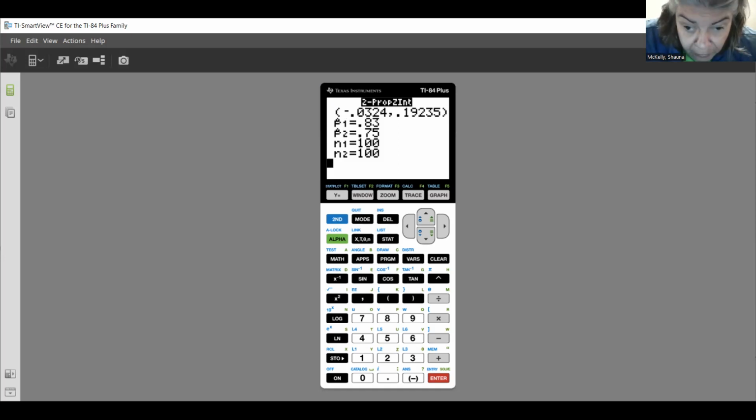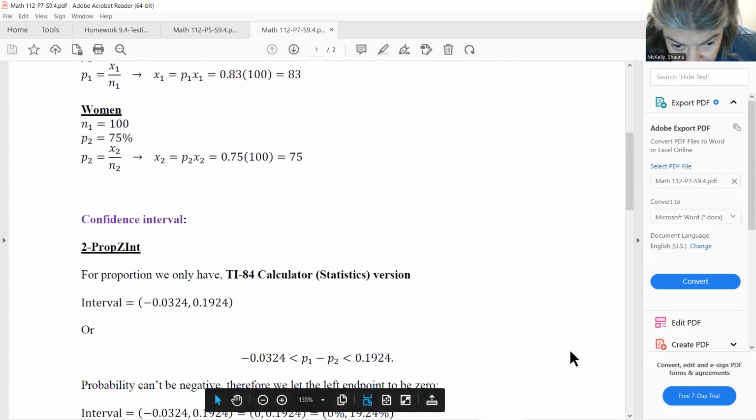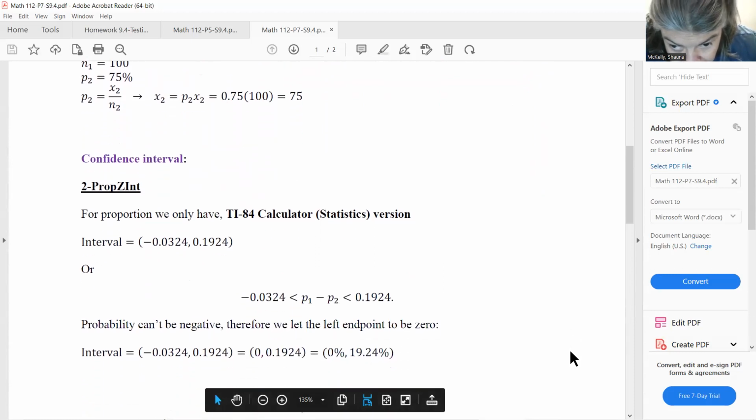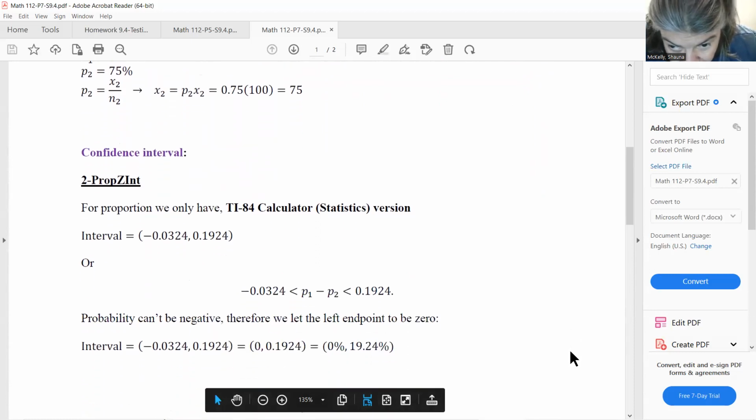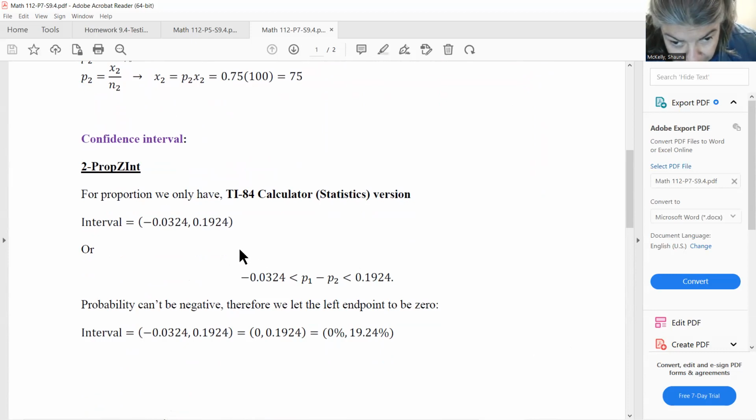We do something different. What we do is, she doesn't care about proportion differences that are less than 0. Why? Because this is a probability, okay? So you'd write the interval just like this, negative 0.0324 is less than the difference in proportion.